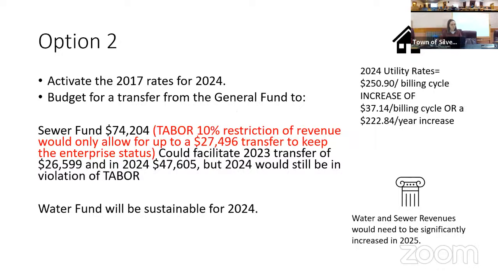So option 2 is to activate the 2017 rates for 2024. That would start immediately. This was highly recommended by our accountant. Then we could potentially budget for a transfer to the sewer fund to cover that.